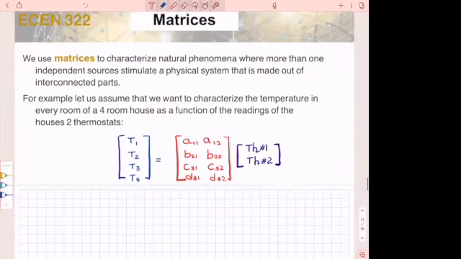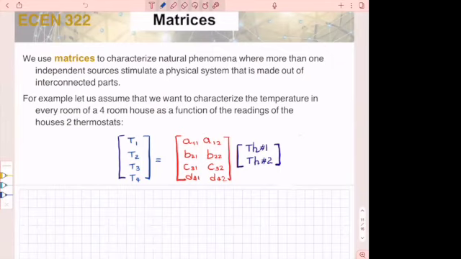Matrices are like that. I have an example here where a matrix can be used, and we use it all the time. So for example, it's very common practice right now when you have a large building like this to try to spend some time and try to regulate the temperature in every room, which in reality is a very difficult optimization problem.